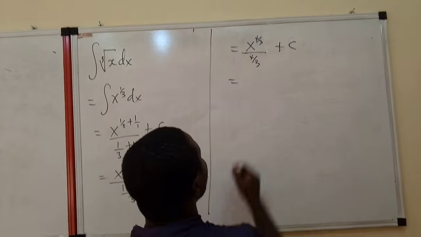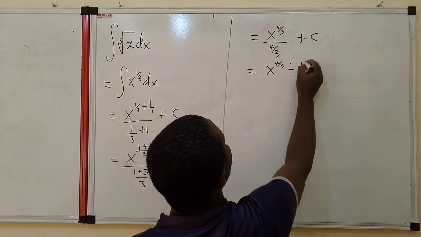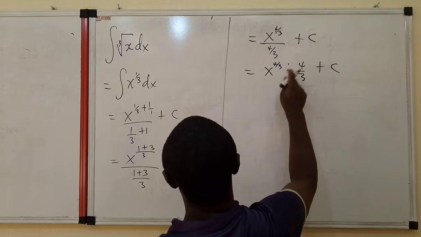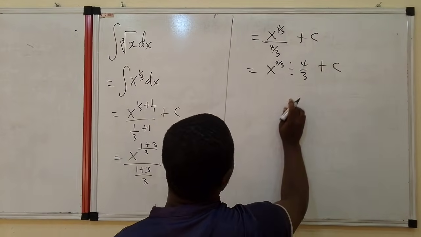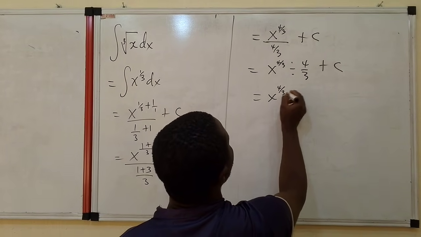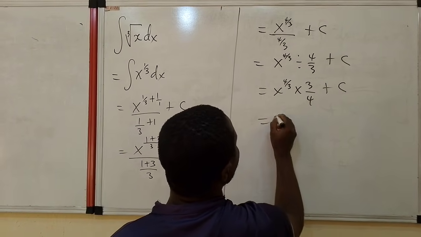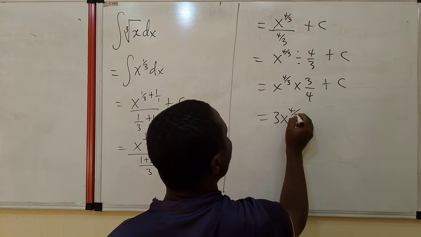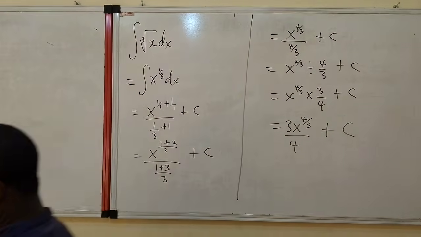This will now give me x raised by 4 over 3 divided by 4 over 3 plus c. The division sign we change to a multiplication sign, then you reverse. You take the reciprocal of 4 over 3. That will give me x raised by 4 over 3 times 3 over 4 plus c. This will give me 3x raised by 4 over 3, over 4, plus c. That's my final answer.